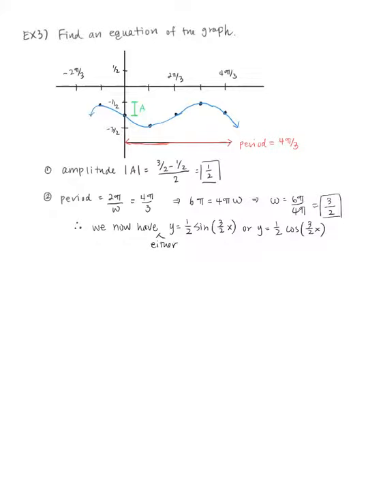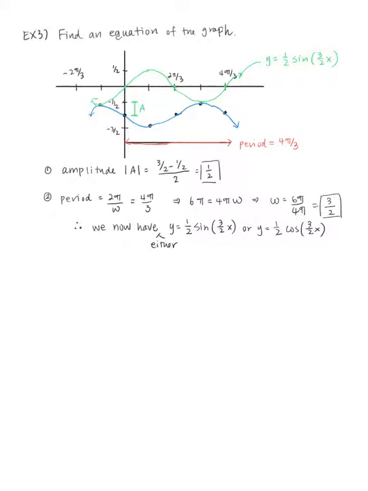It's going to go 0, high, 0, low, 0. Okay, so I'm just going to go like this. Okay, so the one that I just drew right here is y equals 1/2 sine of 3/2x.